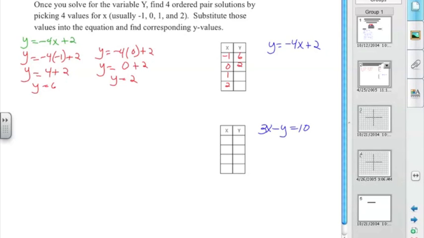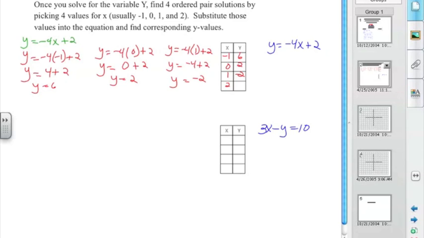Doing a third simple math problem, y equals negative 4 times the positive 1 this time, plus 2. So y equals negative 4 plus 2, and so y equals negative 2 this time. So when x equals positive 1, y equals negative 2.